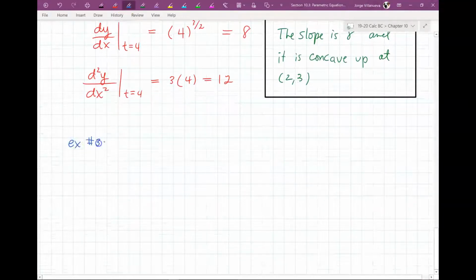So example number 3. We're going to talk about a prolate cycloid. That's a type of graph. Let me write this out.